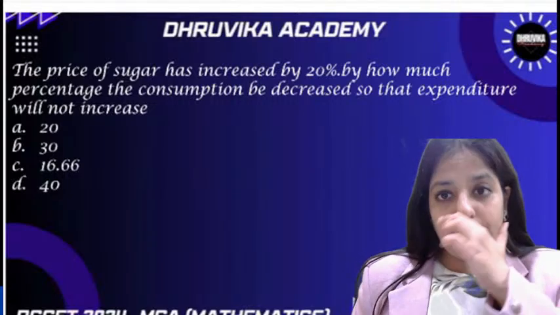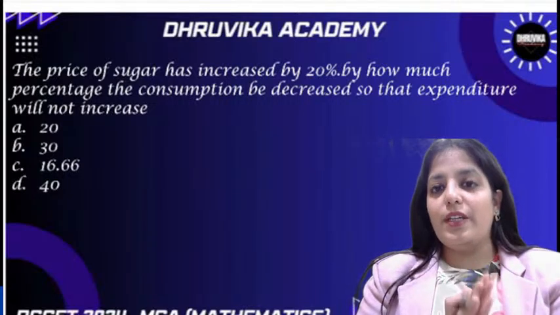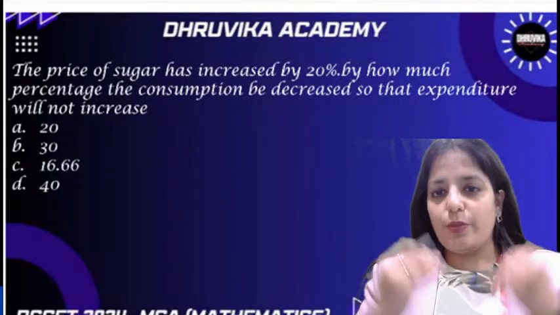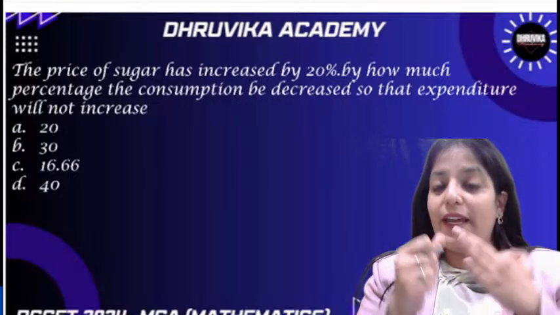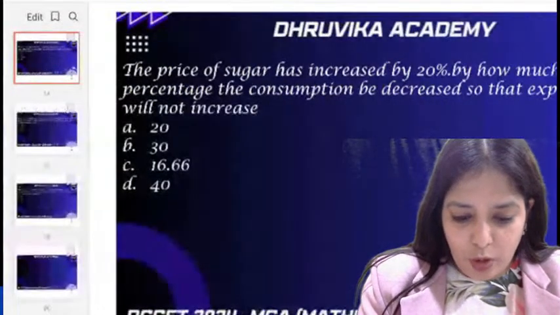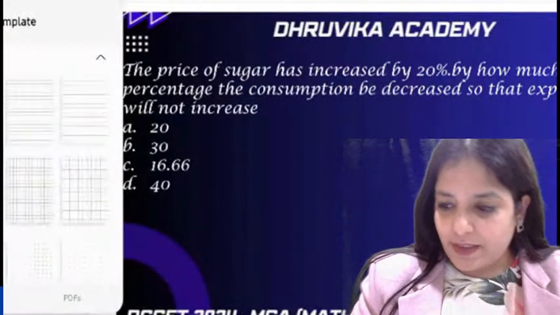For solving this question, you must be very clear with the concept of the relationship between price, quantity and expenditure. So what is the concept behind these three terms? Listen very carefully. This is very important, and if you understand the concept well, you will be able to solve similar types of questions much faster with this very short concept.